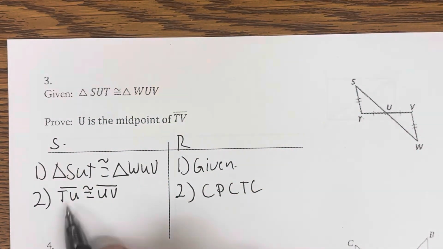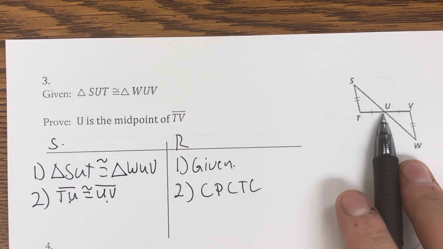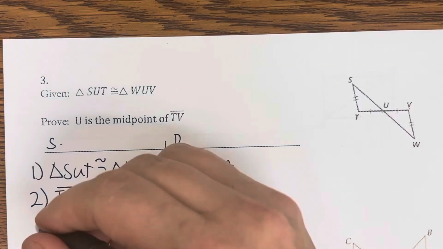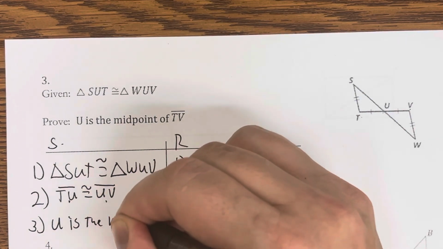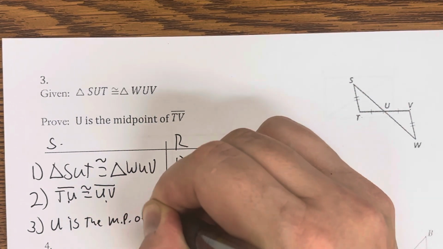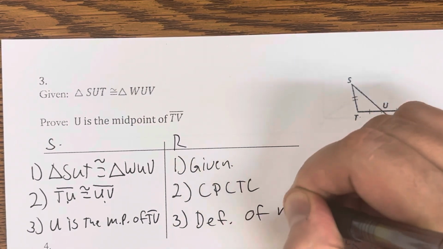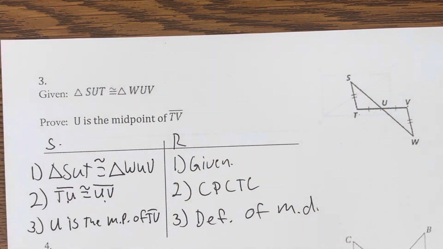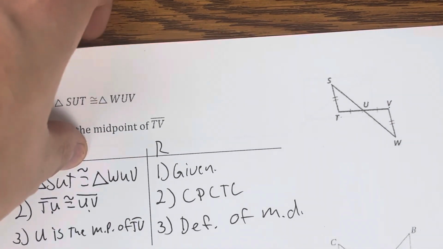And now, since those 2 parts are congruent, now based off the definition of midpoint, we can indeed state that U is the midpoint. So I get to finish. U is the midpoint of TV. And the reason is the definition of a midpoint because it was cutting the segment into 2 congruent parts. Okay.